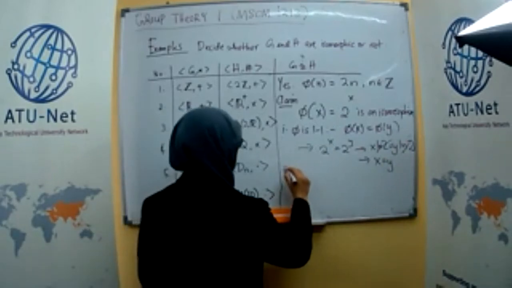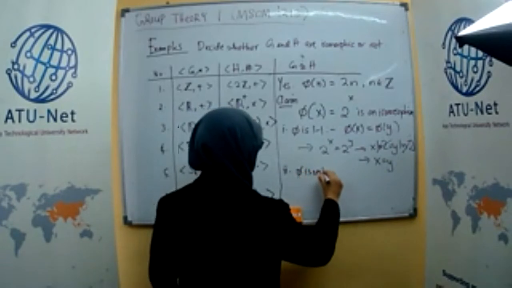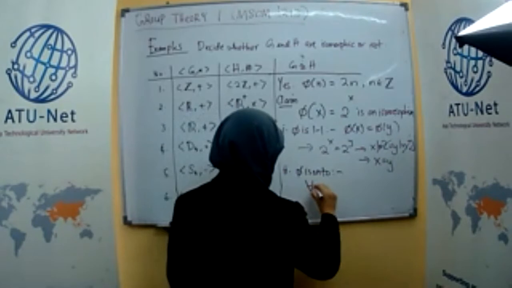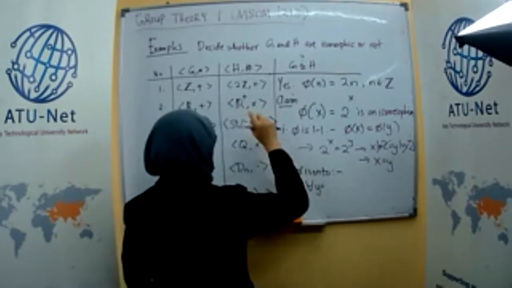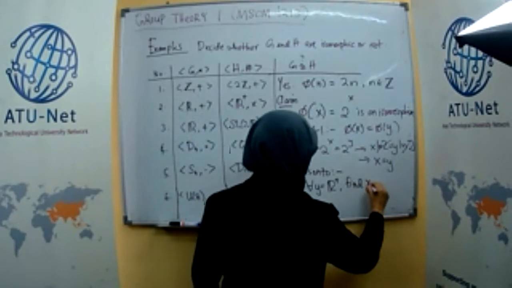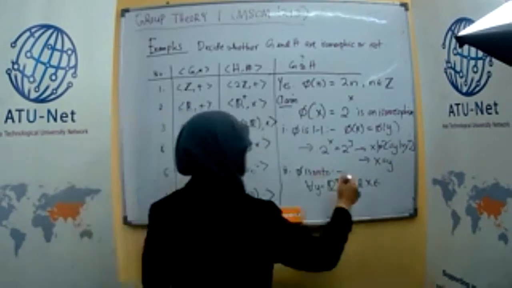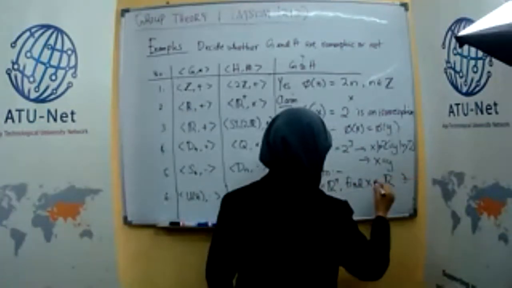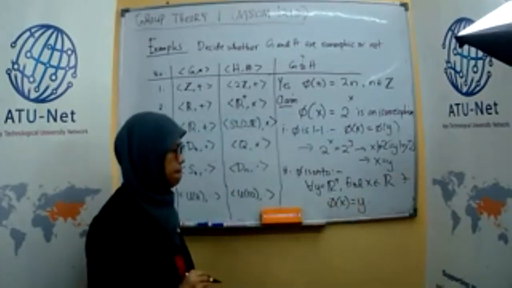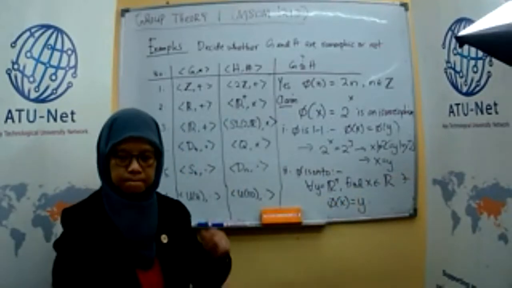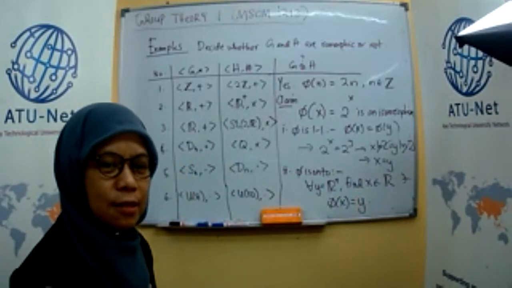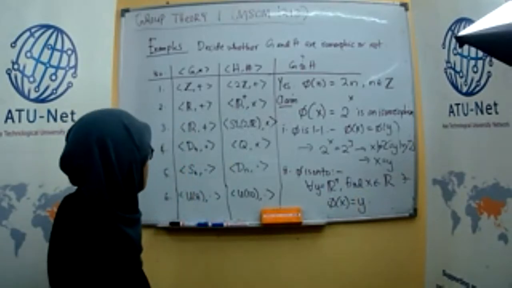Second, phi is onto. For all y in R plus, find x in R such that phi x is y. Is it still clear, right?